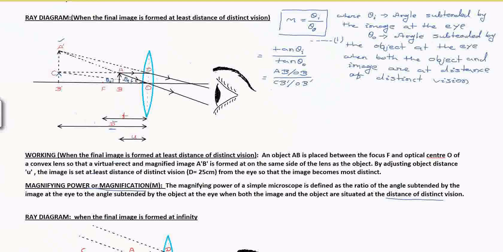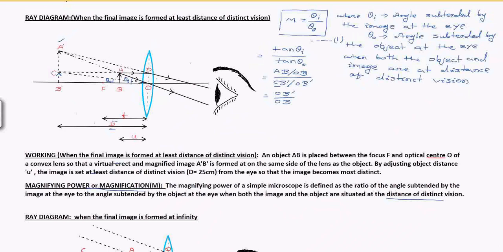But see, CB dash is equal to AB, because CB dash is nothing but the virtual position of this object AB. So these two will be cancelled out. So this is equal to OB dash divided by OB.